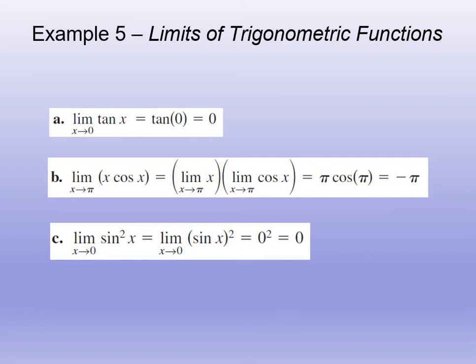We know the limit of x as x approaches pi is just pi, so we can substitute in pi for x times the limit of cosine of pi. So we take pi times cosine of pi. That's direct substitution, and we know from pre-cal that cosine of pi is -1, so -1 times pi is -pi.